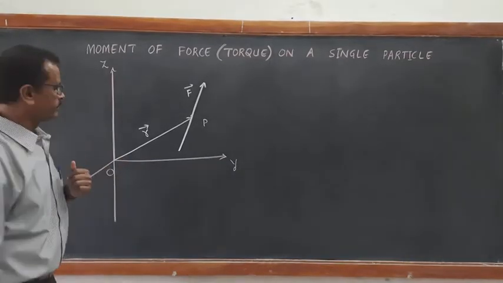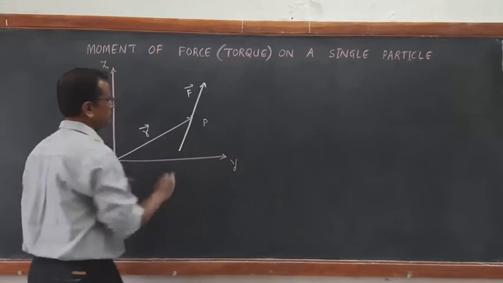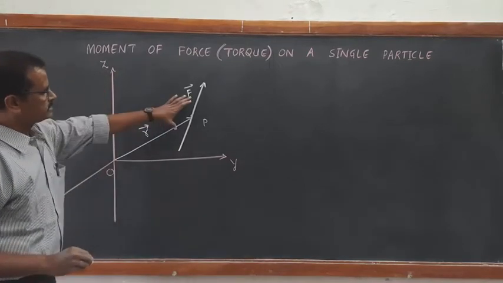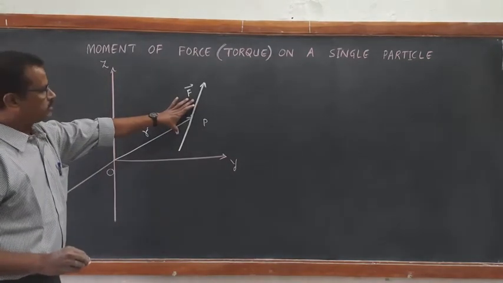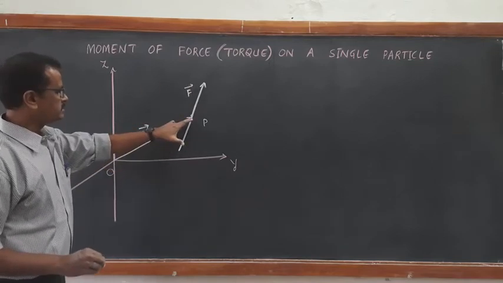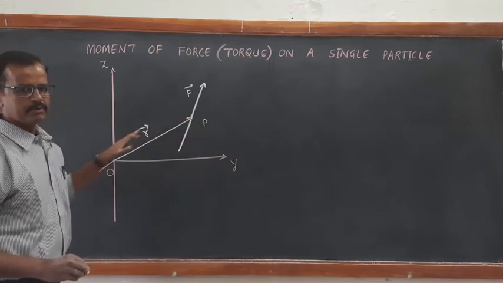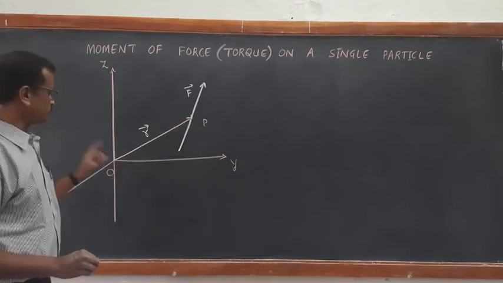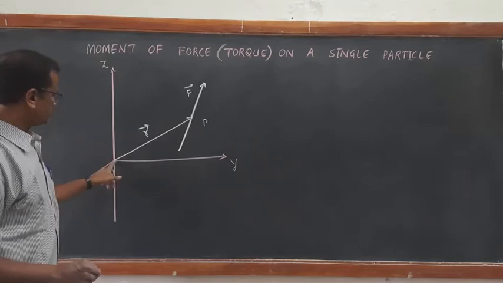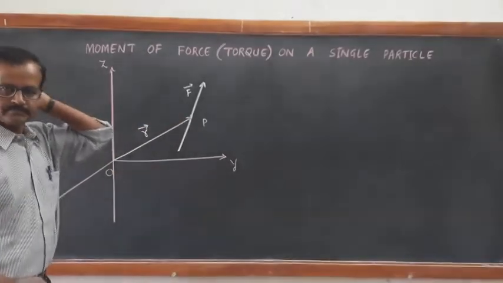That is our question. So we are defining torque by two quantities here. One is the force, that is F. Another one is the position vector of that force with respect to the axis of rotation. Think that this is the point about which the particle tends to rotate.